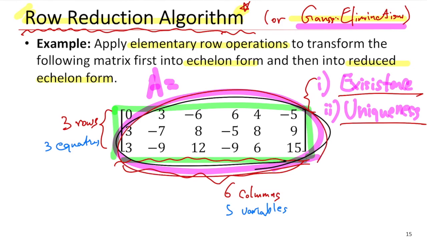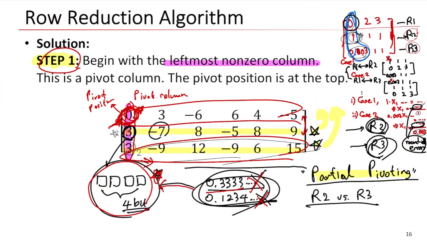Okay, so how can we do that? First of all, we don't need the reduced echelon form. We just need the echelon form of matrix A to determine existence and uniqueness. So where is the echelon form of the matrix A?